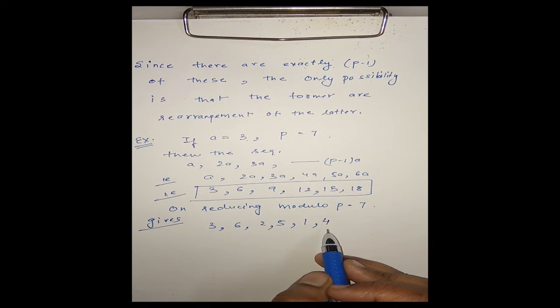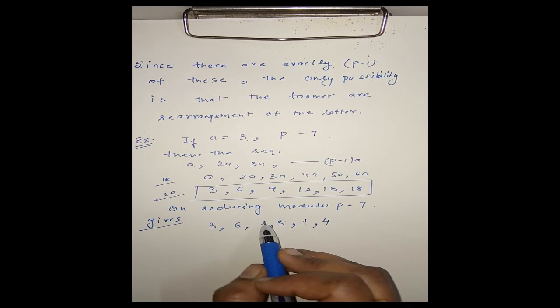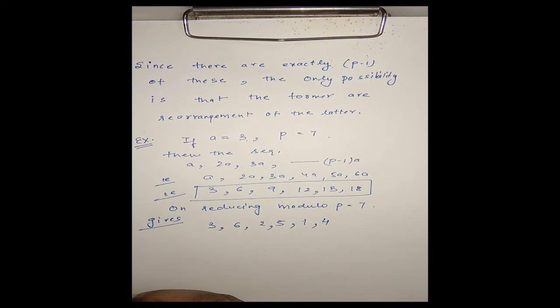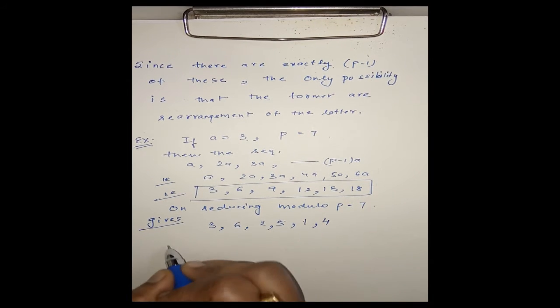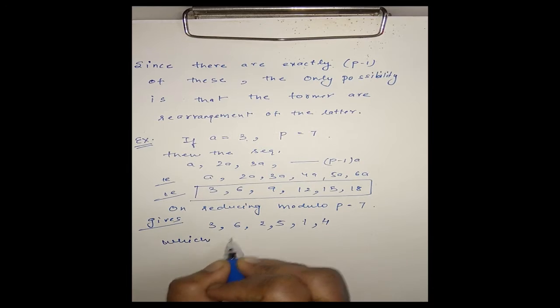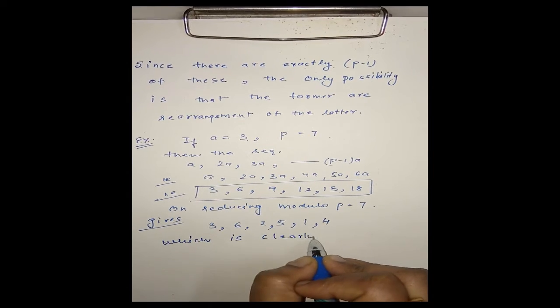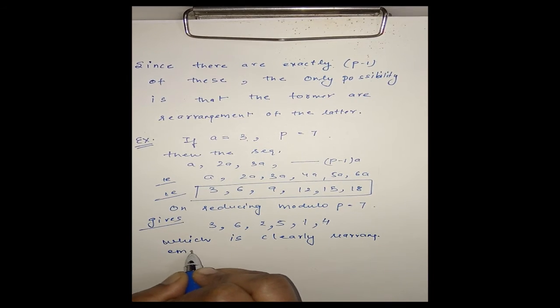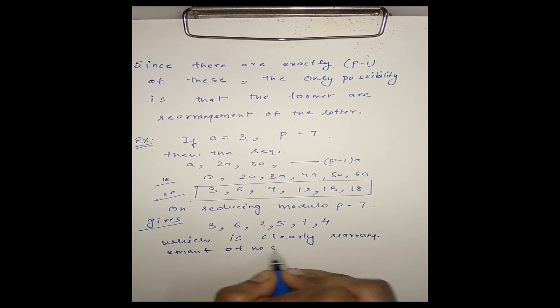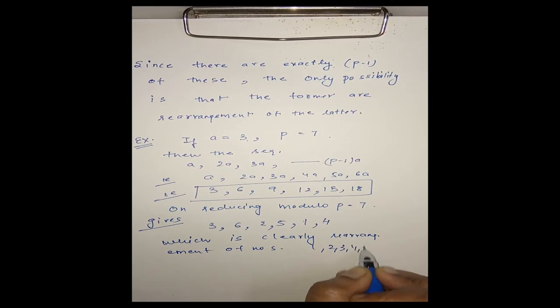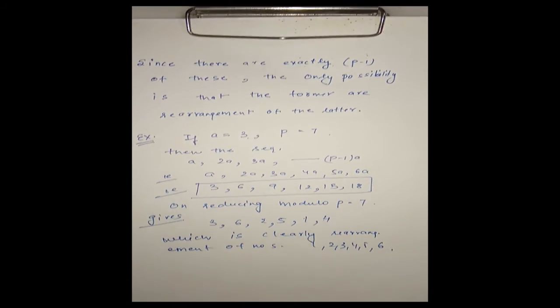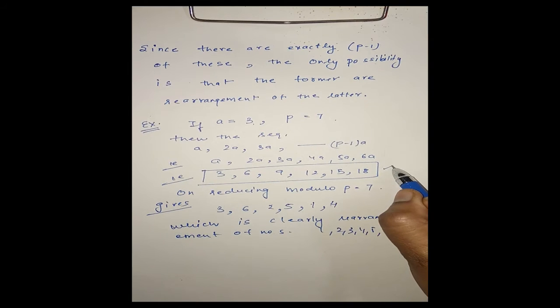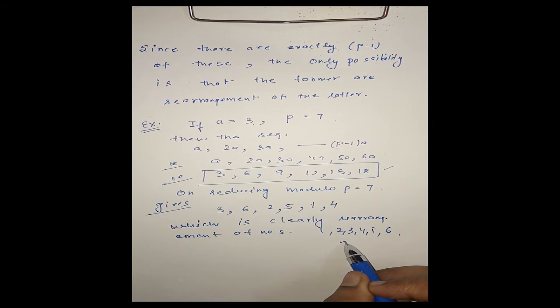These are all a rearrangement of the numbers 1, 2, 3, 4, 5, 6. This is the sequence a, 2a up to p minus 1 times a, and this is the sequence 1, 2, 3 up to p minus 1.